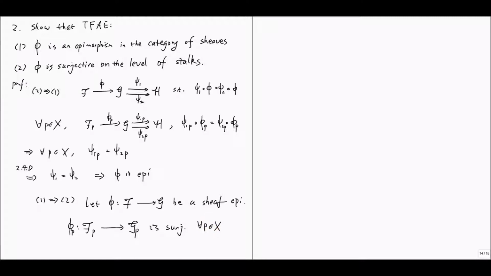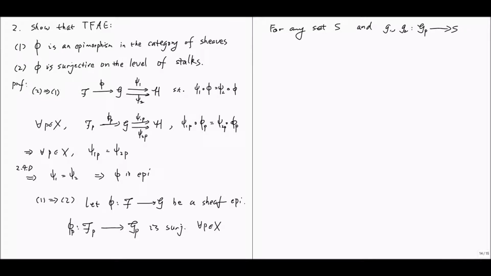To this end, we take an arbitrary set S and two maps G1 and G2 from G sub P to S, such that G1 composed with phi sub P is equal to G2 composed with phi sub P. We want to show that G1 is equal to G2, and we wish to use the condition that phi from F to G is a sheaf epimorphism.